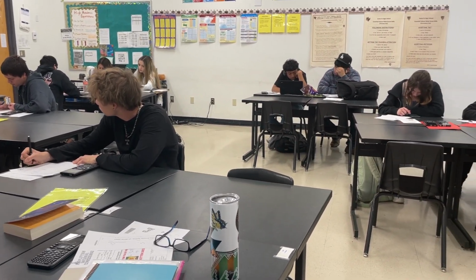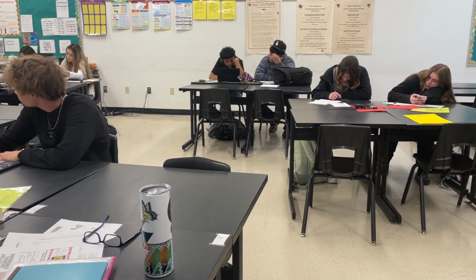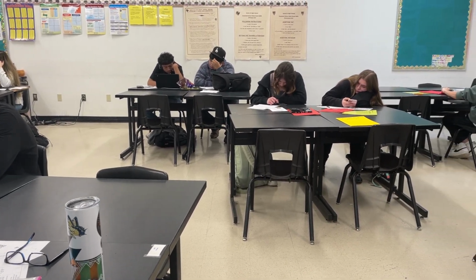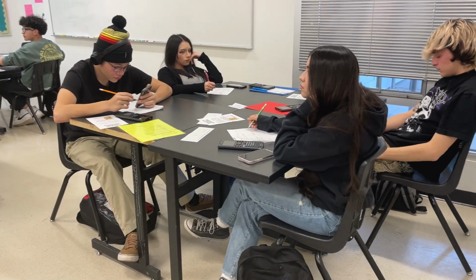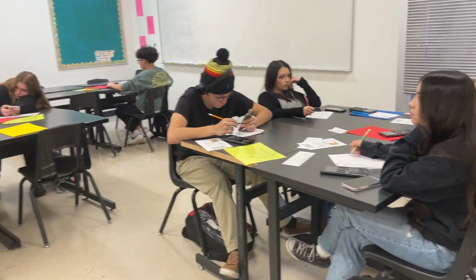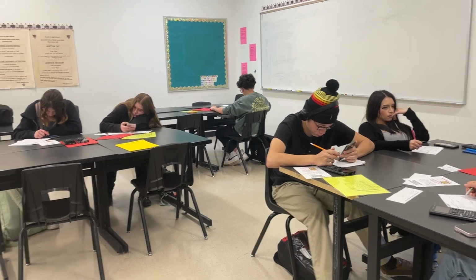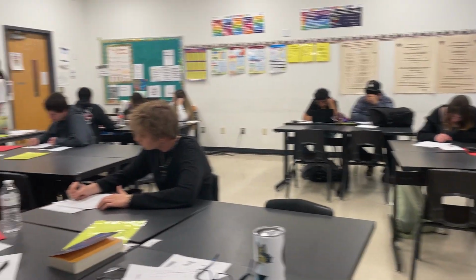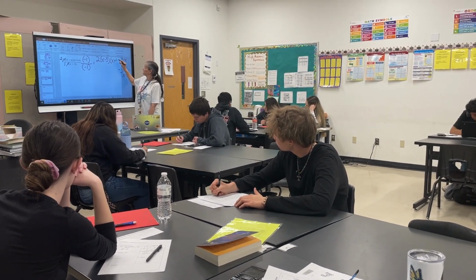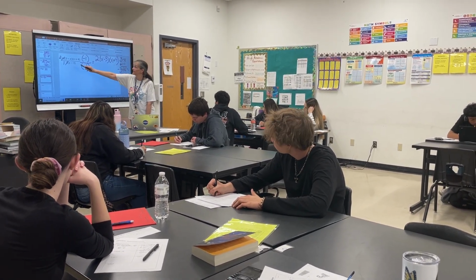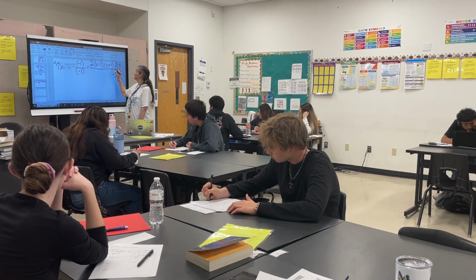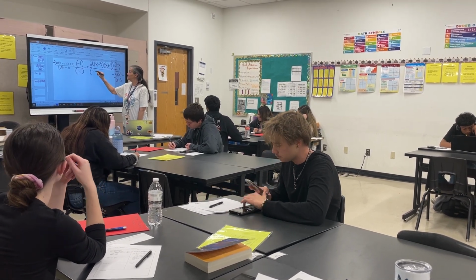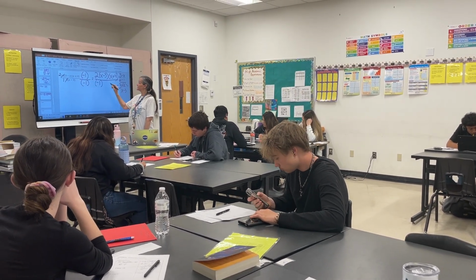And then negative 1 times 3 is negative 3. So it's going to be the same thing as x minus 3. And then x plus 4. And down here, I'm going to have my negative 1, x minus 3.